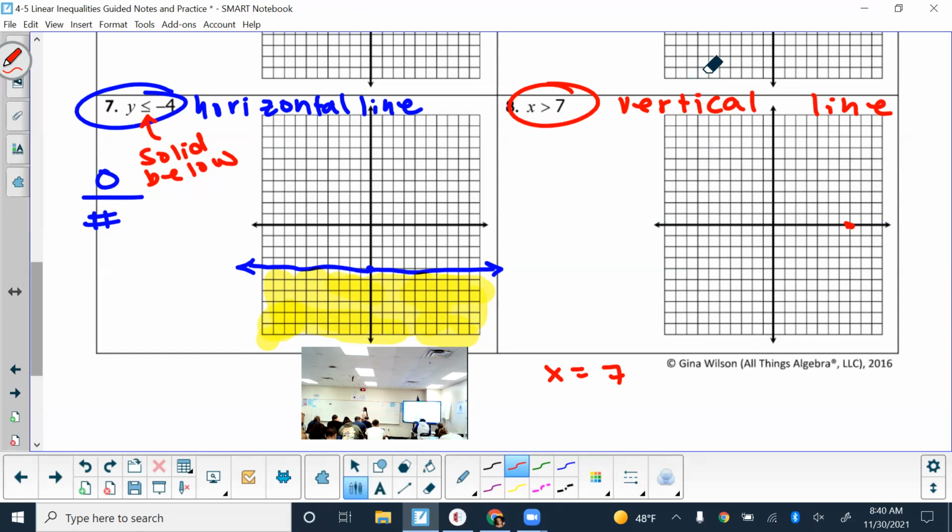That's where all the x values will be 7. Should the line be solid or dashed? Dashed, good, because it does not have that equal to part in there. It's just greater than. So we're going to put a dashed, vertical line through there.